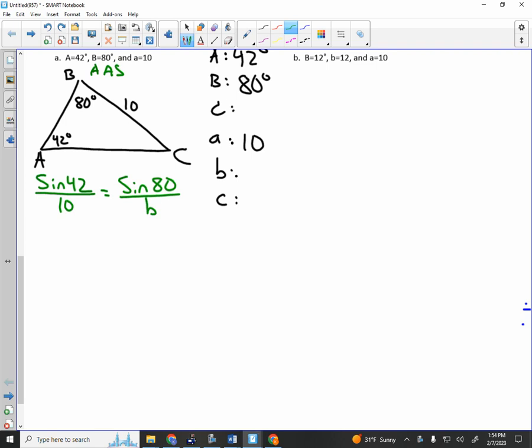Cross multiply. 10 times the sine of 80 is equal to b times the sine of 42. Now I want to solve for b, so I simply divide both sides by sine of 42. So 10 sine of 80 divided by the sine of 42 is equal to b.